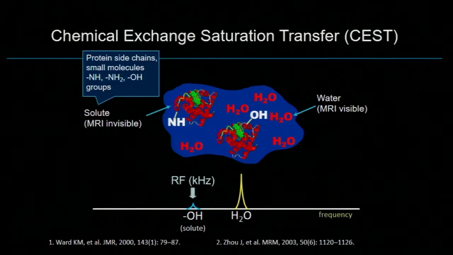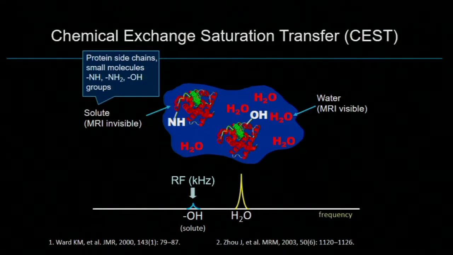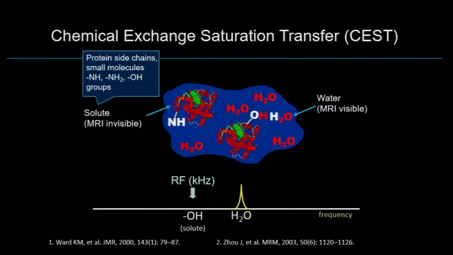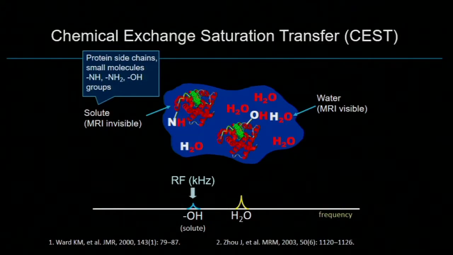However, if we apply an RF pulse on resonance with the solute pool, the saturated protons in the solute pool can exchange with the protons in the water pool, hence bringing down the water signal. By doing so, this MRI-invisible solute pool can be indirectly detected by analyzing the water signal decrease.